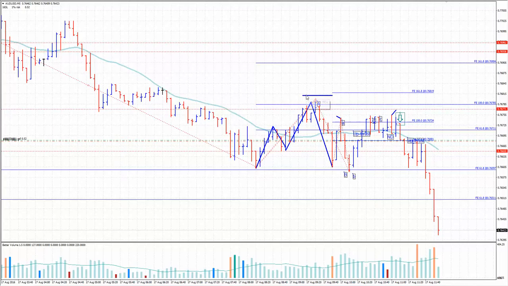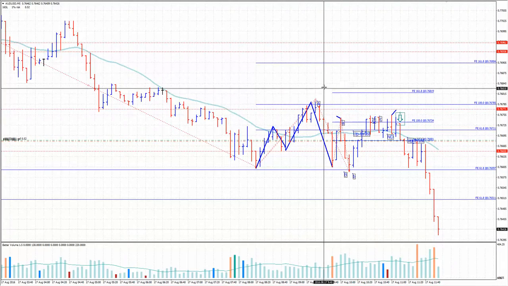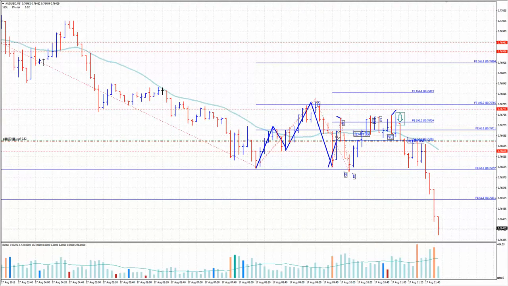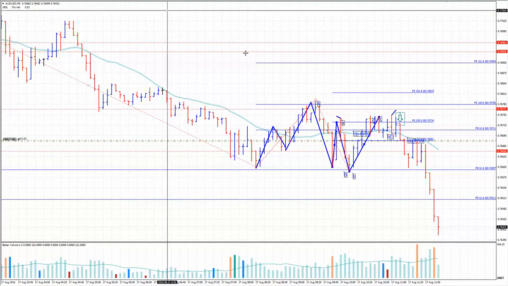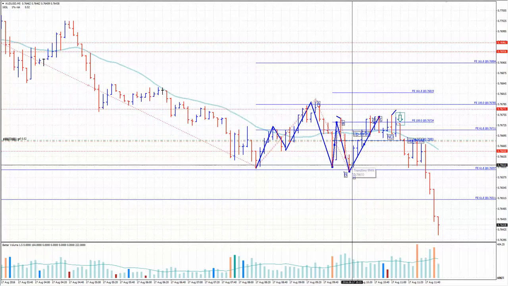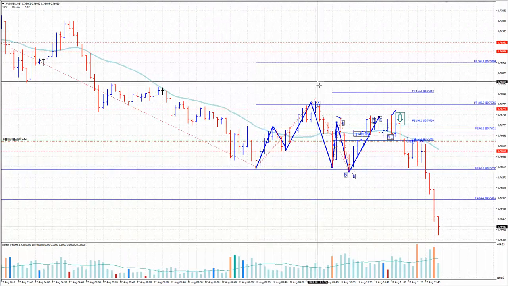What happened after is that we got this upward leg, this downward leg, and another upward leg. And what we got here, first of all, is irregular.